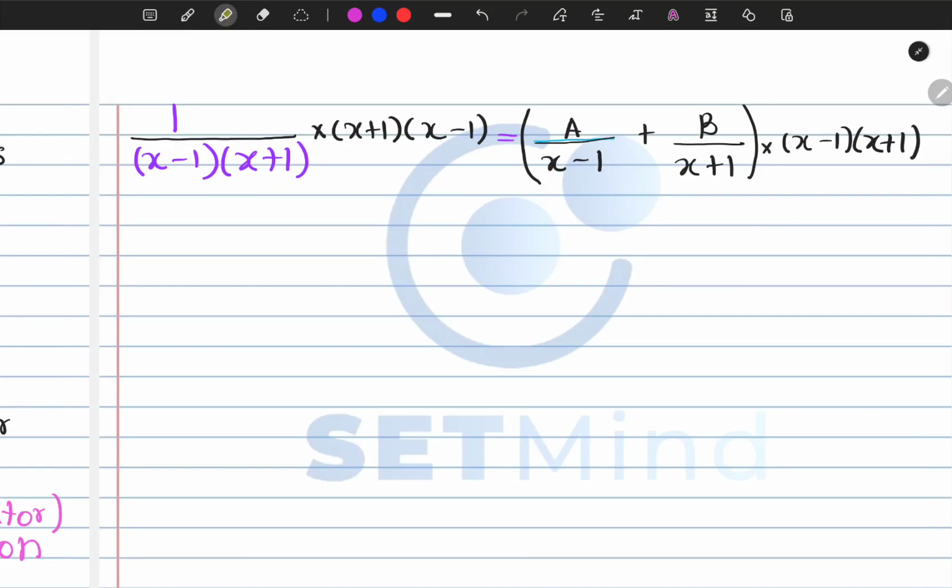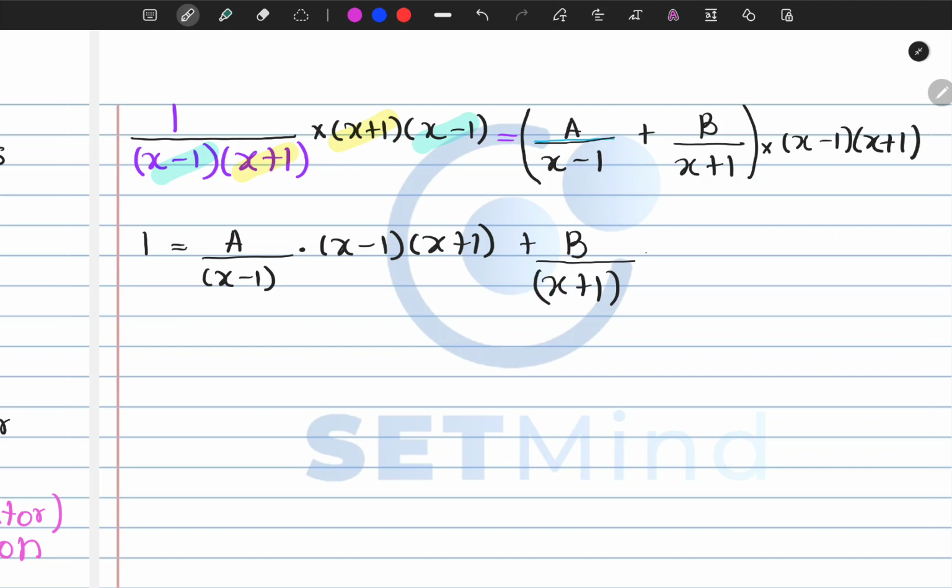Okay, if you look at what is going to happen now, the denominators will cancel. So x plus 1 and x plus 1 will cancel. x minus 1 and x minus 1 will cancel. And when you look at the left hand side, we'll be left with 1. While on the right hand side, if you look carefully, you'll have a into x minus 1, x plus 1, plus b divided by x plus 1 multiplied by x minus 1, x plus 1.